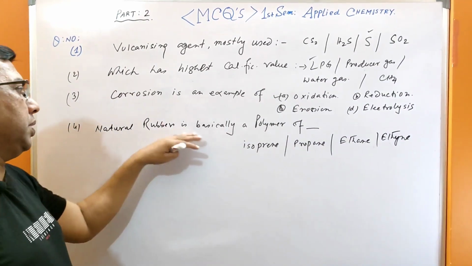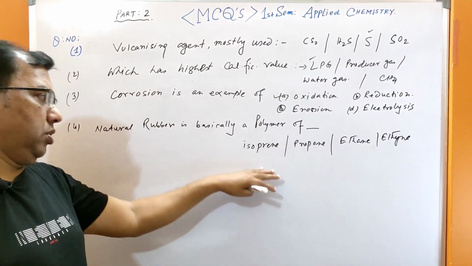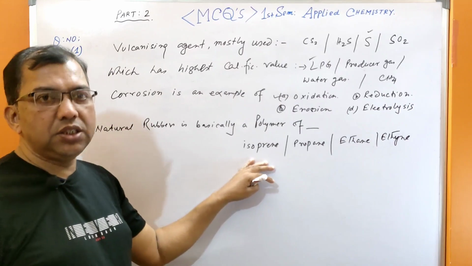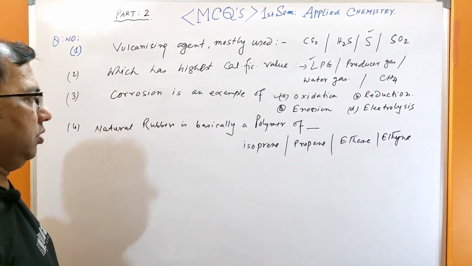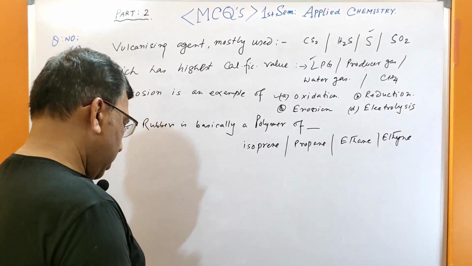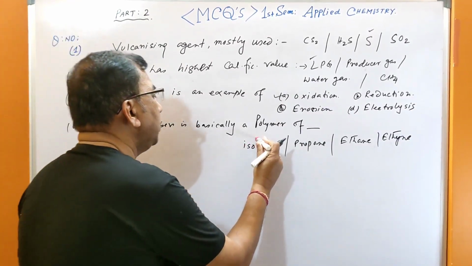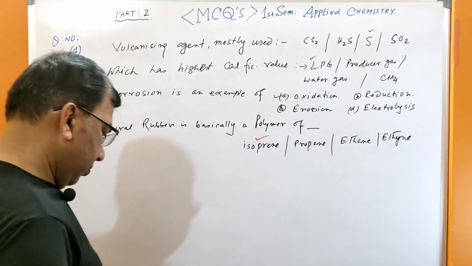Natural rubber is basically a polymer of which? Tell me. 1, 2, 3, 4. Yes, correct. This is the polymer of isoprene. Clear?